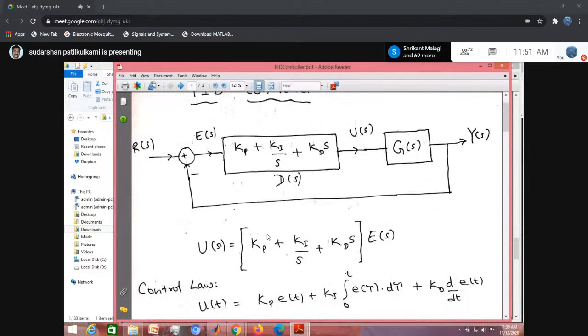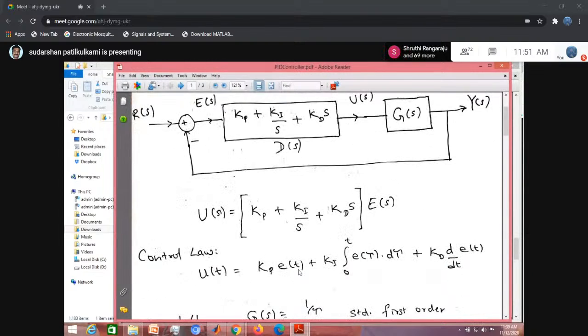The control law is proportional to the error signal plus Ki times the integral of the error plus Kd times the derivative of the error. So that means you have more degrees of freedom to tune your controller. You have more flexibility.